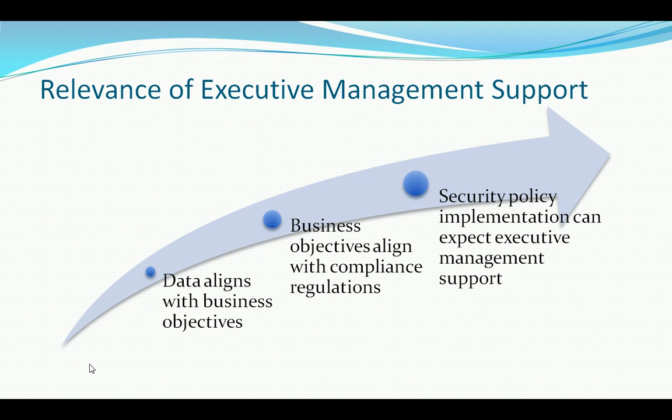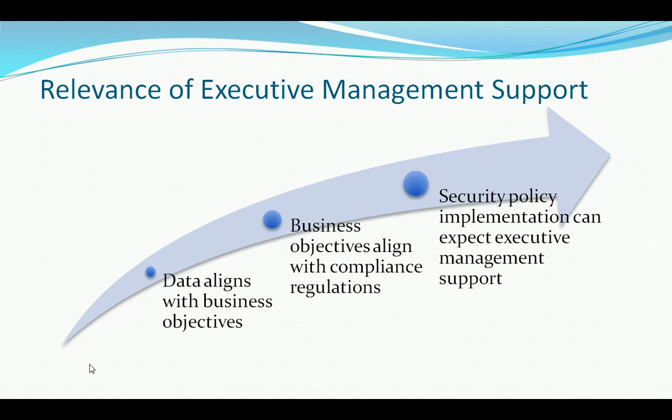Regardless of that hierarchy, that organizational structure, you've got to have executive management support. If your data aligns with business objectives, and your business objectives align with compliance regulations, and your security policy implementation aligns with all that, then you can be pretty sure you're going to get executive management support.